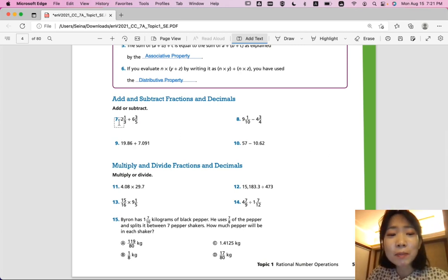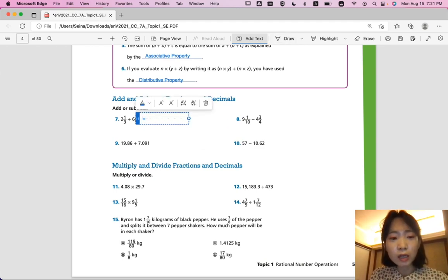You're going to add the mixed numbers here. We learned about this in grade 6, right? When you add mixed numbers, you can either add the whole numbers and the fractions separately, or you can change them into fractions, add them, and simplify.